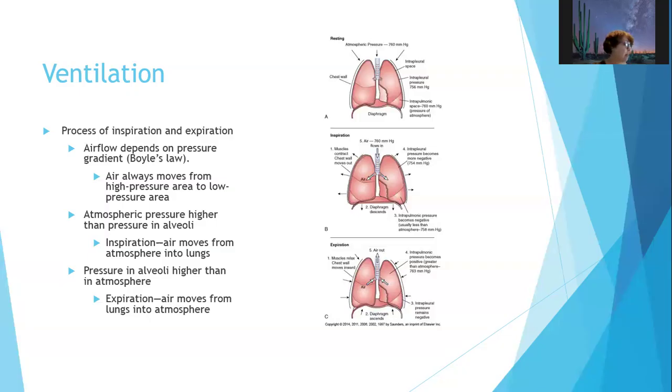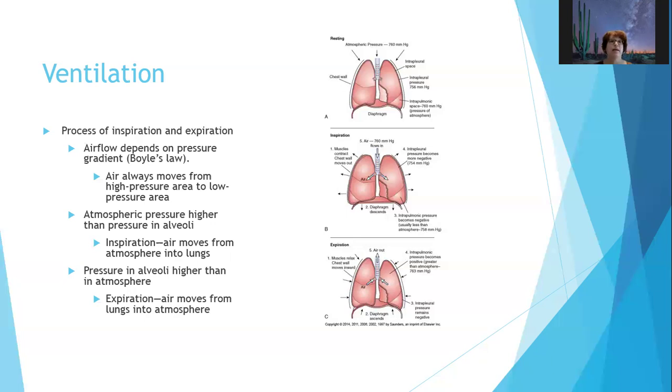So the gases always flow, it's Boyle's law, from an area of greater pressure to an area of lower pressure. And so by increasing the size of the thoracic cavity, we create an area of lower pressure for the air to flow into.